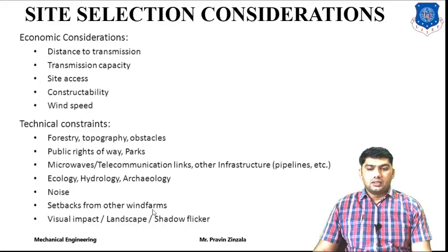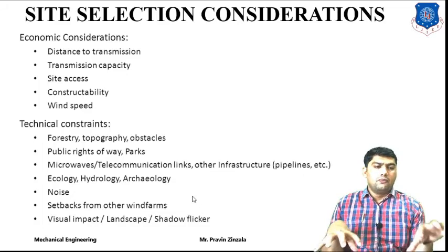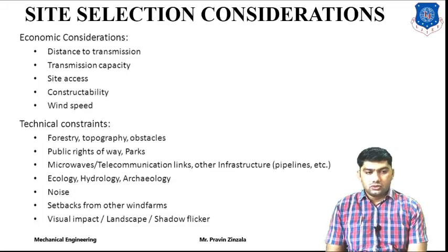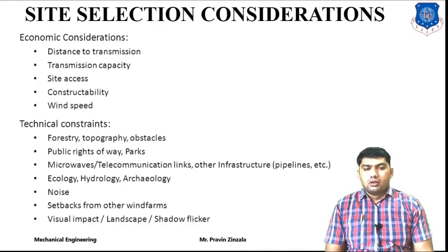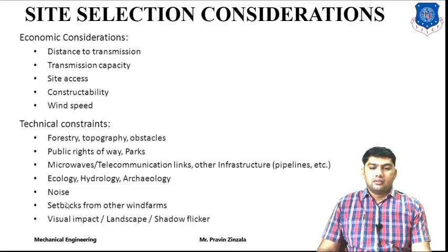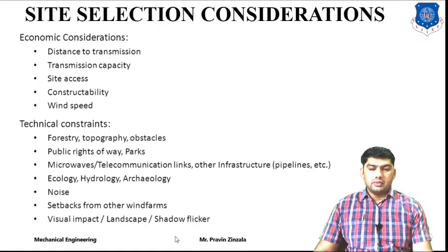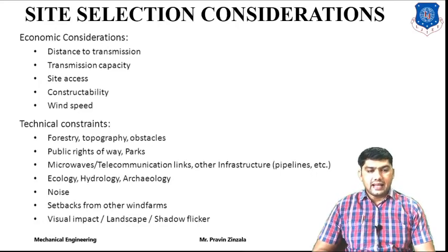Setback from other wind farms: a wind farm means installing a number of windmills together. For maximum generation of electricity from a wind farm, we have to install the maximum number of windmills. Then visual impact, landscape, or shadow flicker, and which type of land is available, including its bearing capacity.